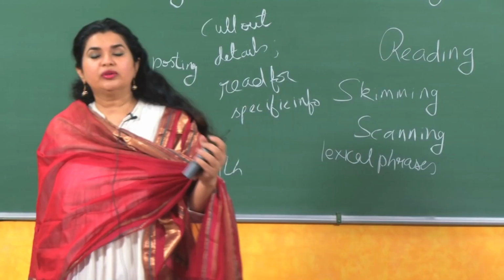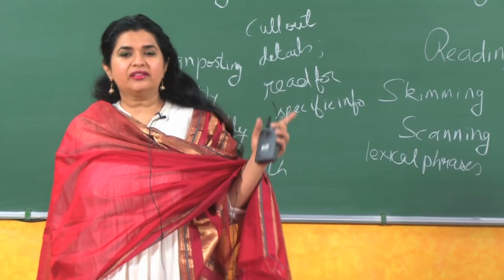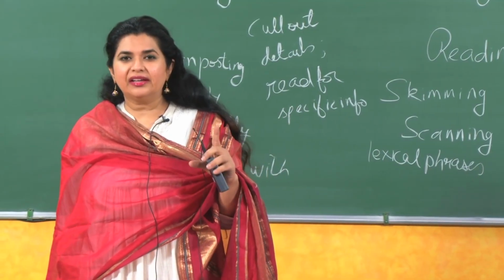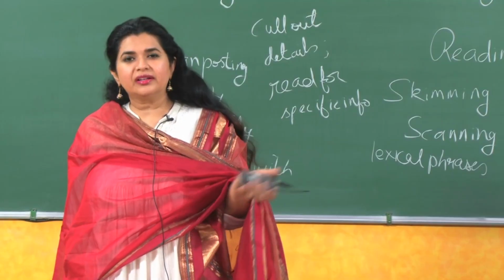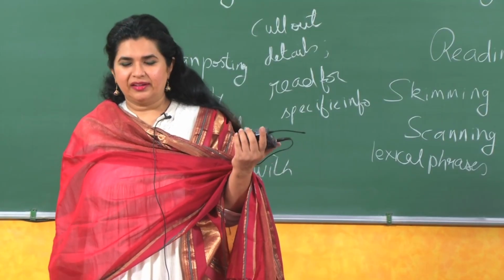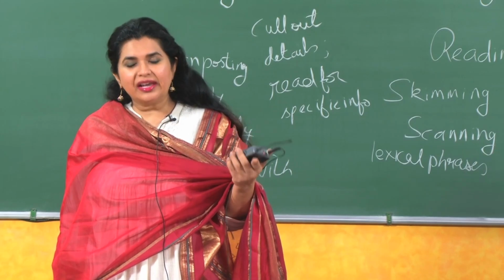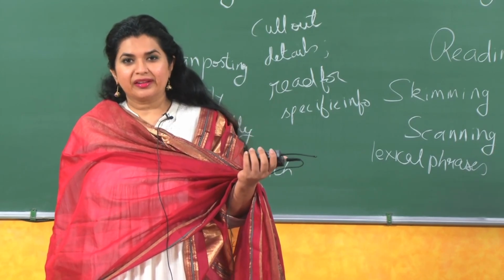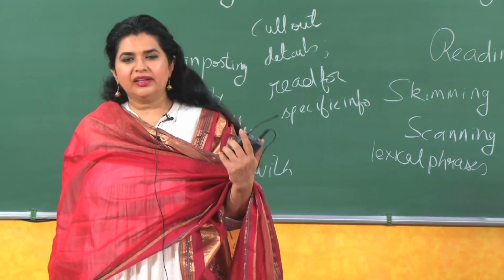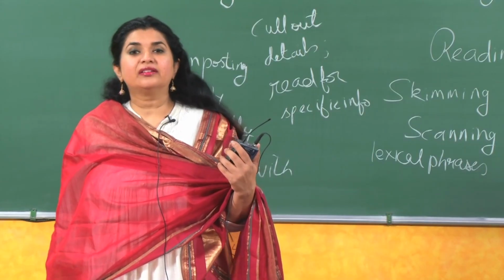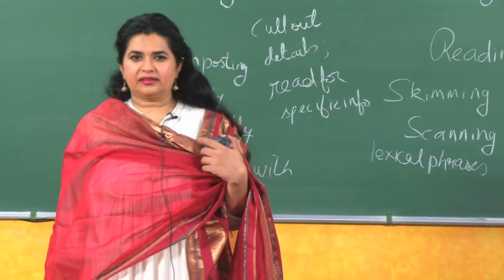Keyword means you have to give one keyword. Central idea is one central idea. There cannot be several central ideas. Keywords could be more than one, but central idea is central idea. Look at these very specific kinds of lexical phrases.